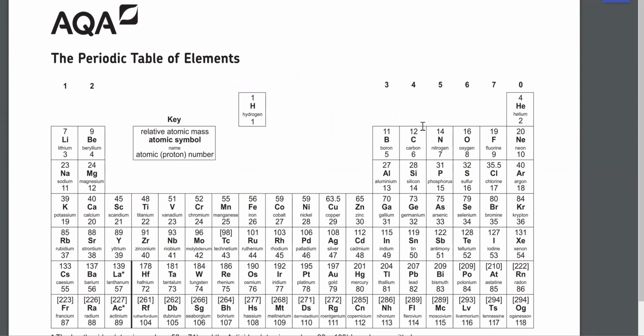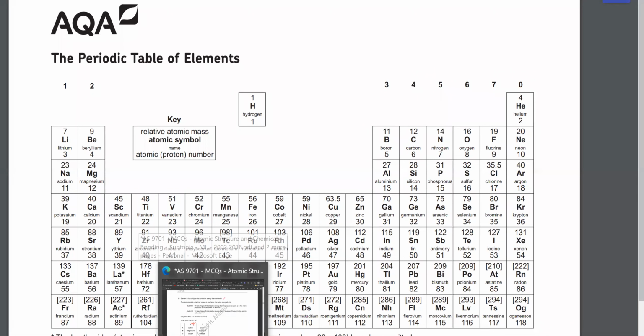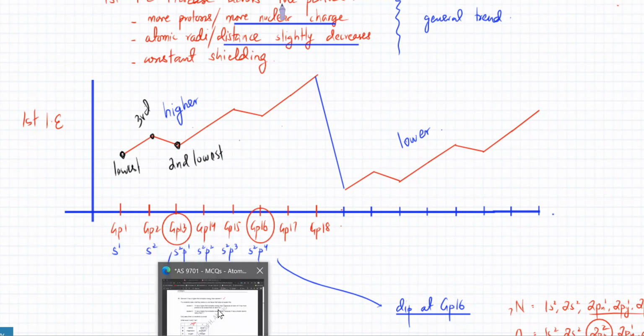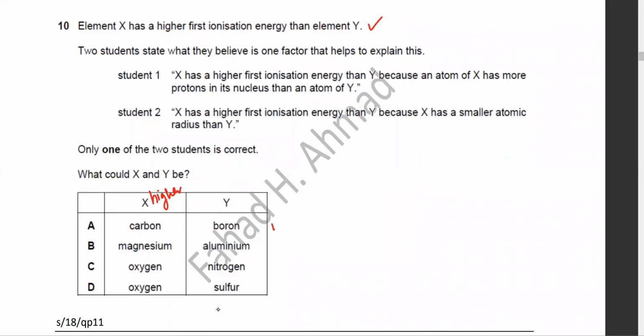Okay, across the period, ionization energies increase. There are going to be dips at group 13 and group 16, but not at 14. Boron is this one, and carbon is group 14. So carbon has a higher ionization energy. So that is true. That means the first option can be true.